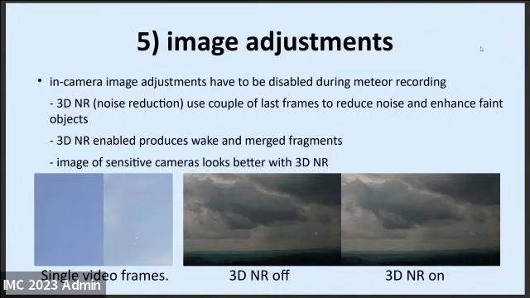These are recordings of a daytime fireball. It's only one frame, and it looks like there are, I don't know, fragments or something, but we know from our different cameras that it was just one body meteor at this time. So it's just this one. And this noise reduction uses, we think, a couple of images to reduce the noise.